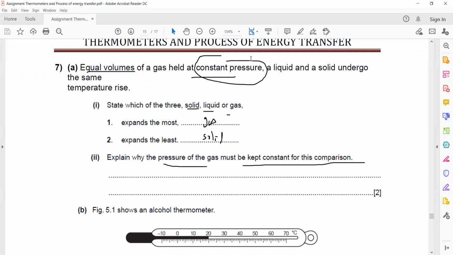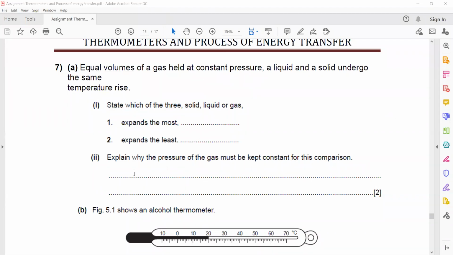What is the reason for that? You will mention that we are finding the effect of temperature on the volume of the substance. But if pressure is not kept constant, then pressure can also affect the volume.